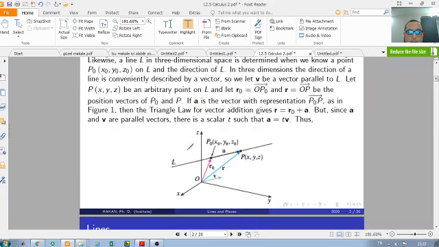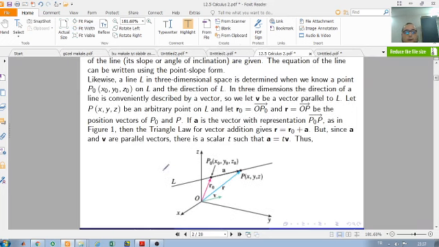So we consider a line such that we know a point P0 whose components are x0, y0, z0, and we take a general point x, y, z. Every point has a position vector in the three-dimensional or two-dimensional coordinate system.